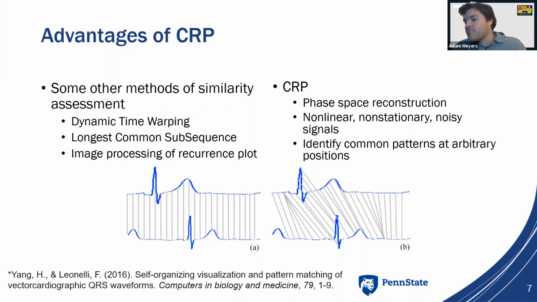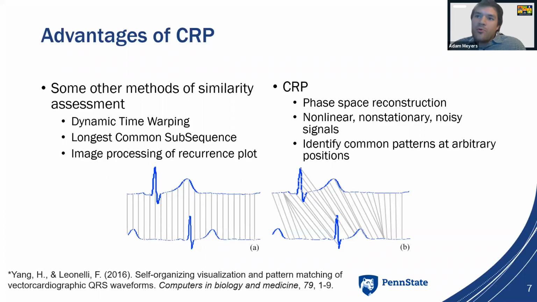And then you can perform comparisons on the trajectory of that 3D signal in phase space. One of the main advantages of doing this is that it reduces the effective noise. CRPs and recurrence plots in general are also very useful for highly nonlinear, non-stationary signals, and I already mentioned the noisy signals taken care of by phase space reconstruction.